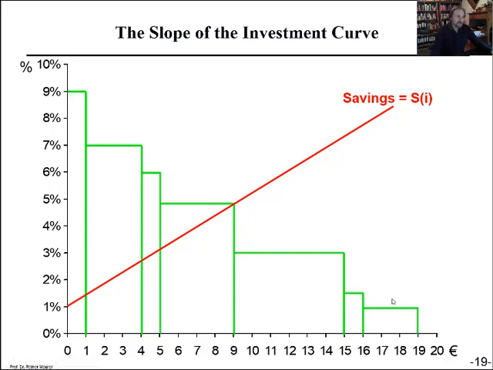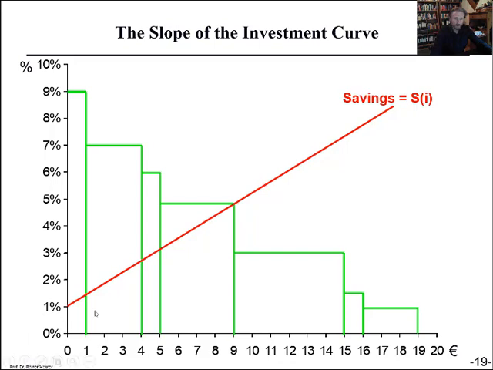If we add the savings curve to the curve of available investment projects, we can recognize how many investment projects savers are willing to finance. They will finance every investment project which provides an interest rate at least as high as the savings supply curve.